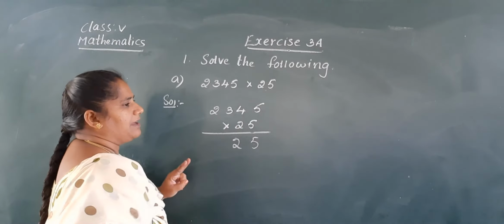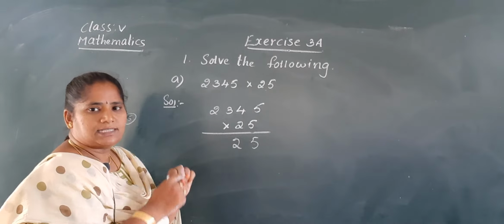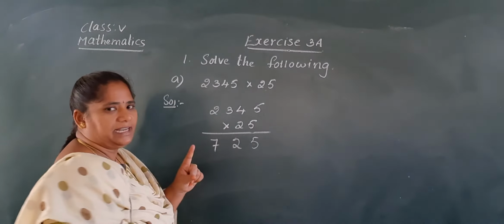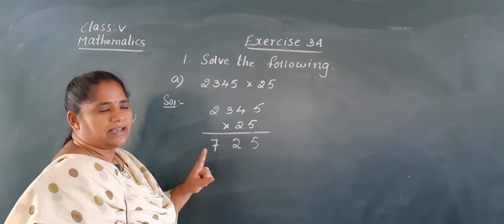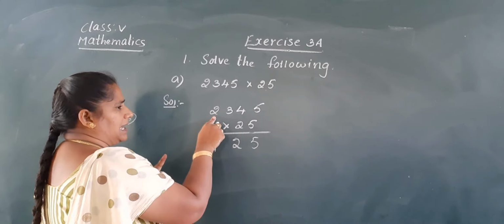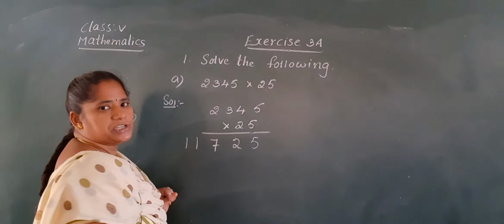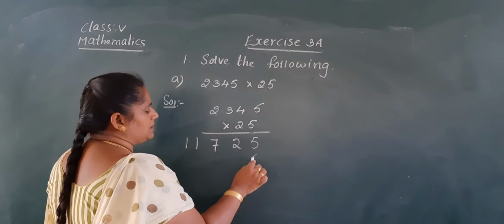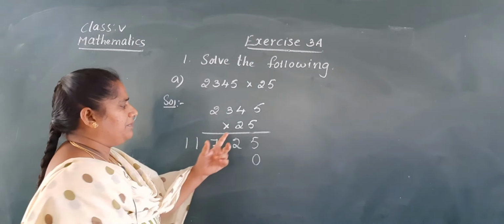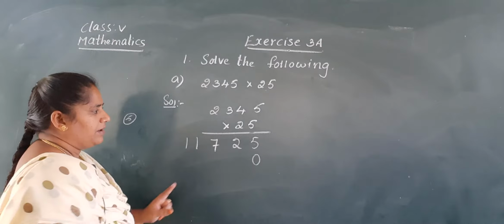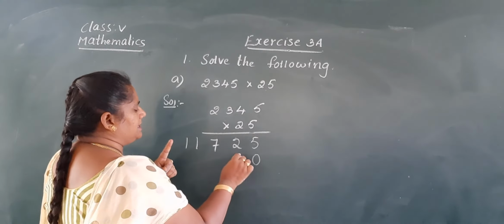Now 5 3s are 15, 16, 17. 1 in hand, 7 is down. Now 5 2s are 10 plus 1, 11. Finish. Now close the ones place and start from the tens place. 2 5s are 10. 1 in hand, 0 is down.